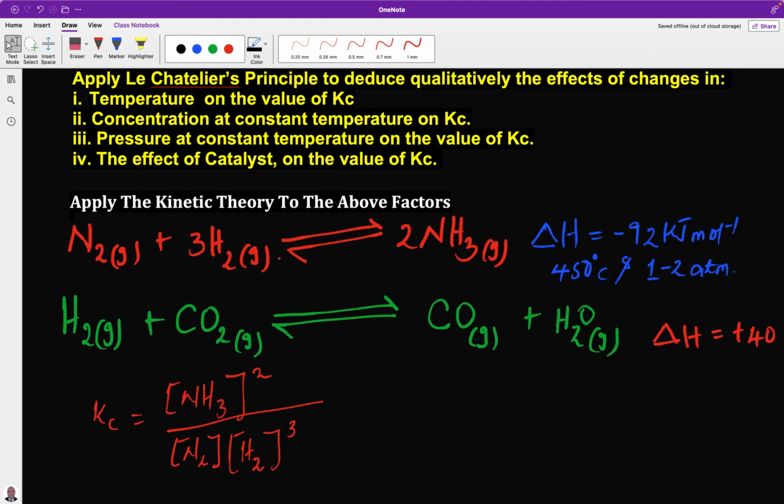Decreasing the temperature is going to favor the production of more ammonia. Decreasing the temperature, equilibrium will shift more to the right. More of the product is formed. And the value of the Kc is going to do what? It's going to increase, because there is more of the product than the reactant.